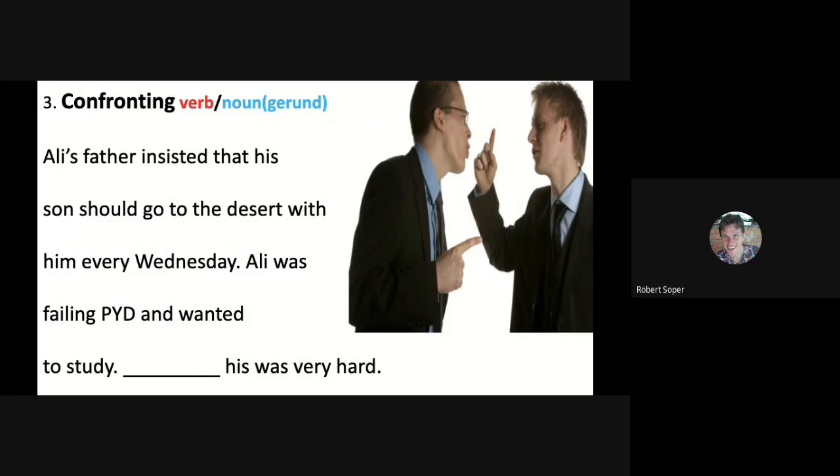He is going to have to approach his father and say, "Listen, Dad, I want to study." This will probably create a confrontation. So challenging his father would be very hard. In other words, confronting his father would be very hard.